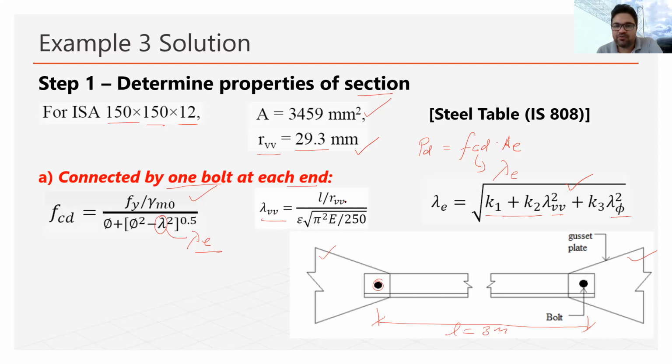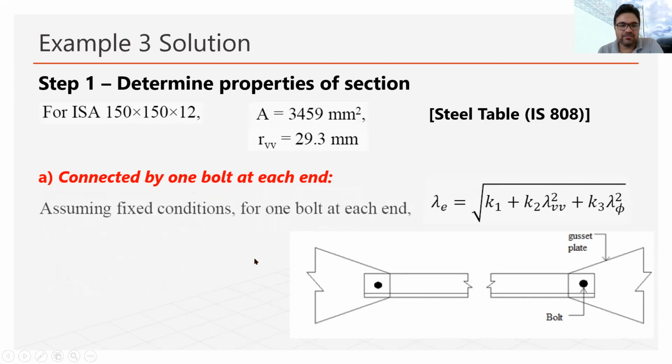In it, the r_vv value we have already found from the steel table, and the lambda_phi value we can obtain by using the leg. In this case, b1 and b2 will be this one. Both legs are the same, so 150 and 150 will be the b1, b2 values.